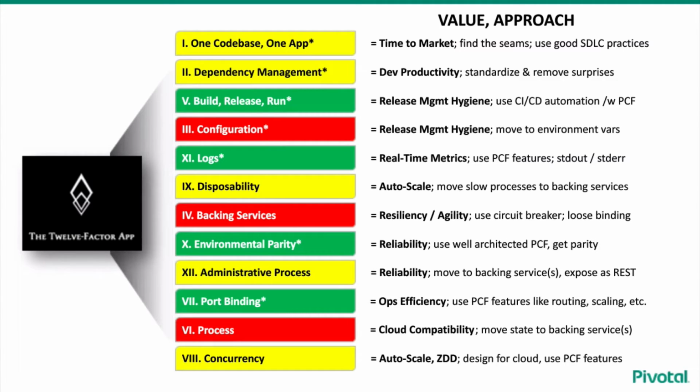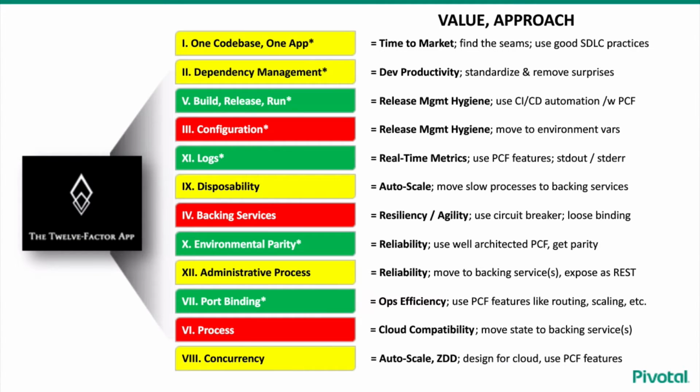In a cloud process, your whole environment is disposable. It can be destroyed or created at God knows when, right? At the discretion of the container management system. Designing for this is important, right? You need to ensure good uptime if you want to get the benefit of the auto scaling. And if you have processes that take a while to start up or to shut down, they need to be separated as a backing service and optimized to accelerate that performance so that they start up in a reasonable time frame or shut down.